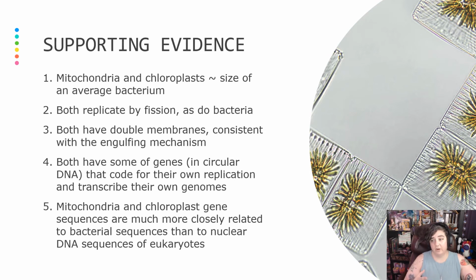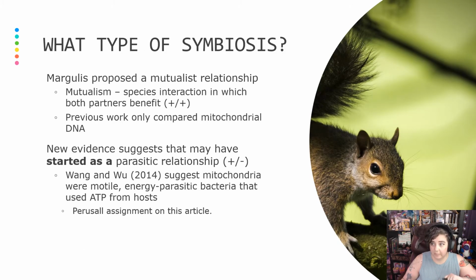And the paper that you're going to read talks a little bit about mitochondria and the genes that they've sequenced from mitochondria and how that relates to current bacteria that are living and what that informs about how those mitochondria might have evolved. So this is the paper that I need you to read, okay?